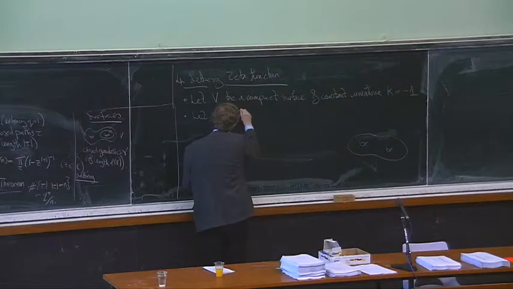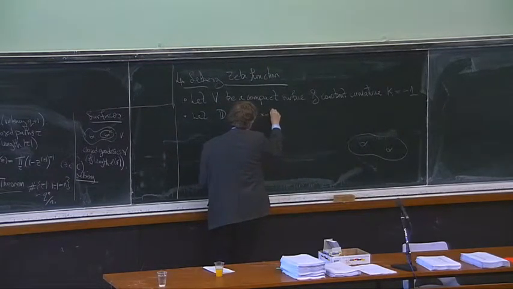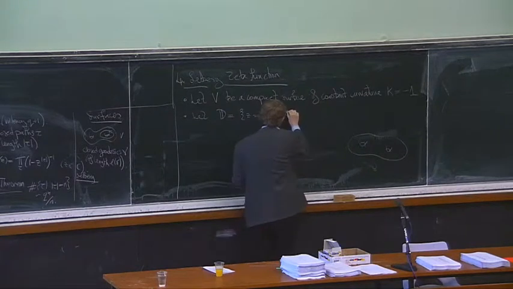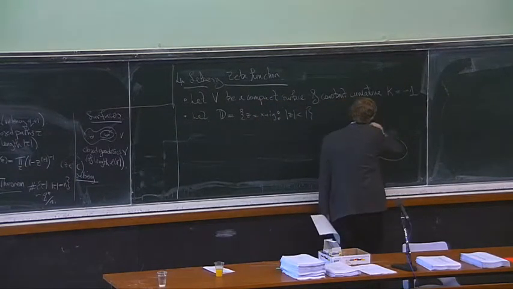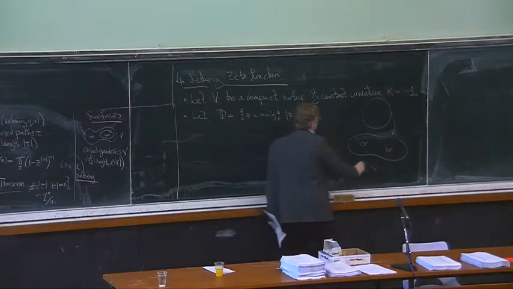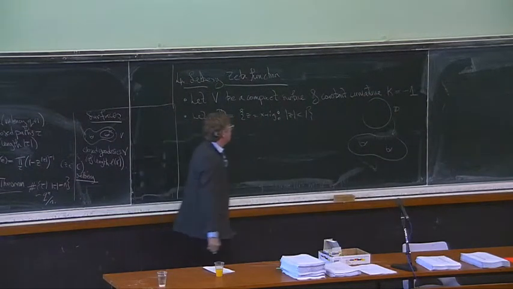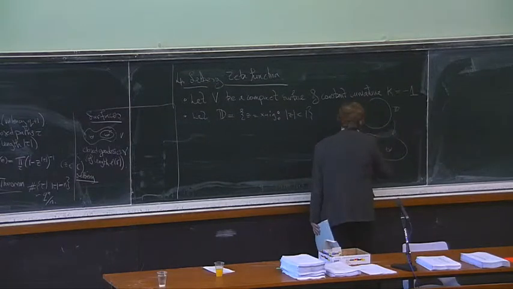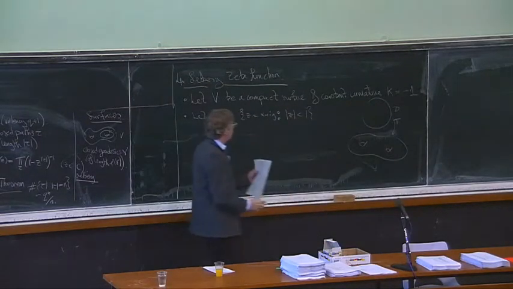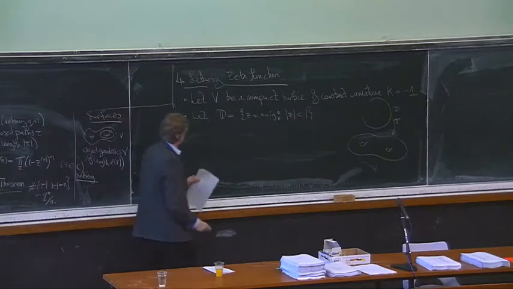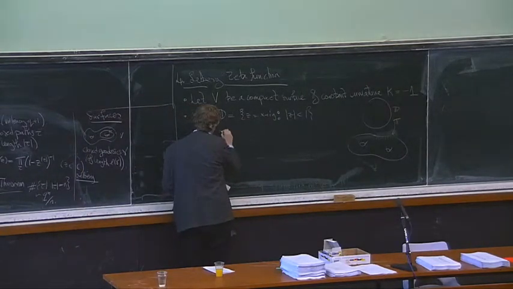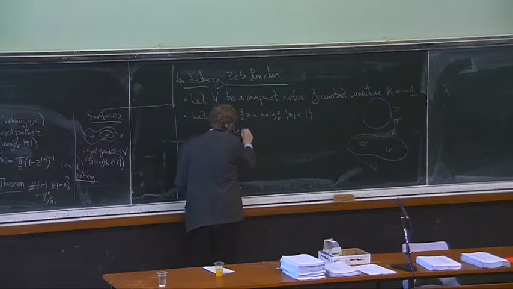So I'll let D be the unit disk, z equal to x plus iy, with the property that the absolute value of z is less than 1, so this is just a unit disk. And then the unit disk is actually a cover for this surface. That means that you can find a local homeomorphism which maps from here to here. And moreover, we can arrange that this is actually a local isometry. So we can let this have a particular metric, the Poincaré metric.